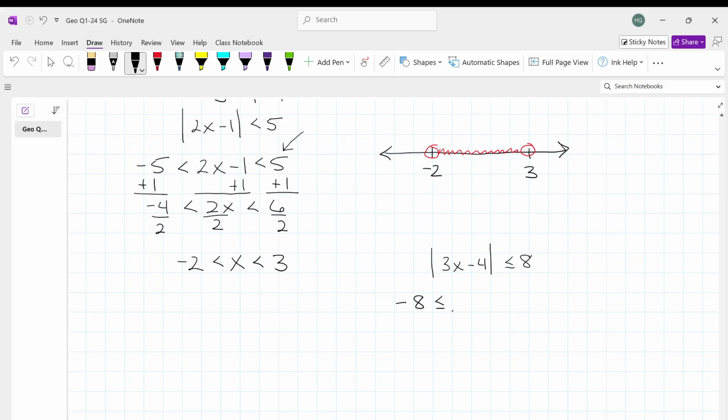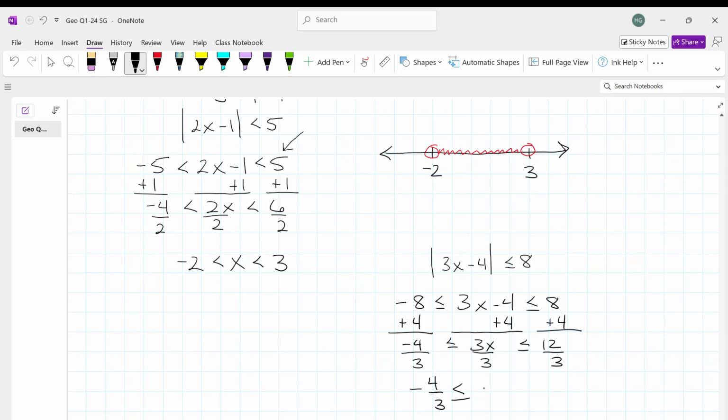Negative 8 less than or equal to 3x minus 4 less than or equal to 8. So it's going to be add 4 everywhere. So -4 less than or equal to 3x less than or equal to 12. Divide by 3. And -4/3 less than or equal to x less than or equal to 4.